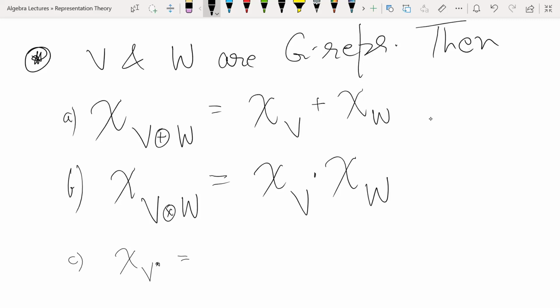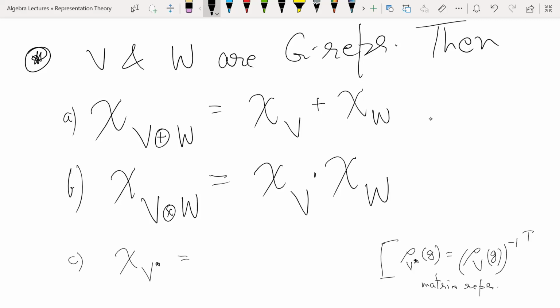Recall that rho V star (g) with respect to the dual basis is the same as rho V(g) inverse transpose in matrix representation.